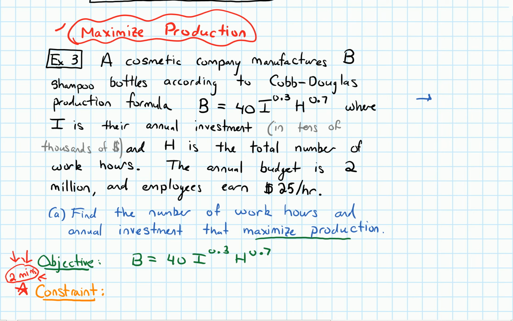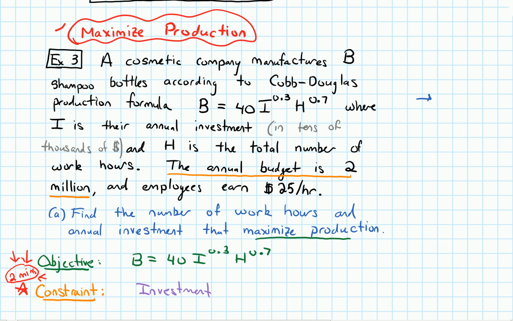So the constraint portion of this is it tells us the annual budget. And it says it's $2 million. So the budget is $2 million. That's where the constraint is going to get factored in. And there's two things that are contributing to the budget and where the company puts in their money. So they're putting their money into this investment, this annual investment that they make.